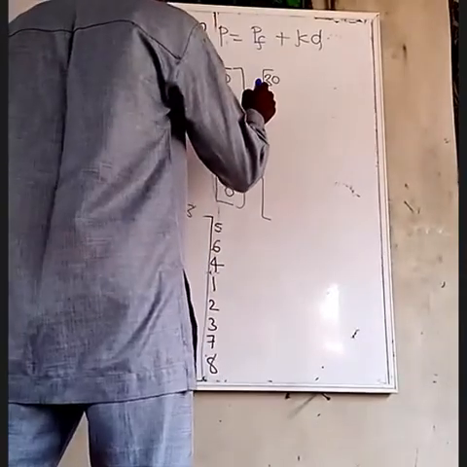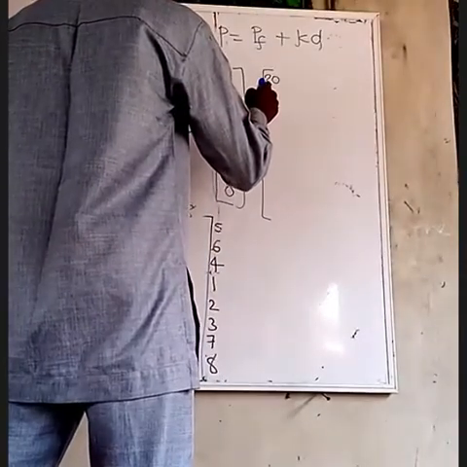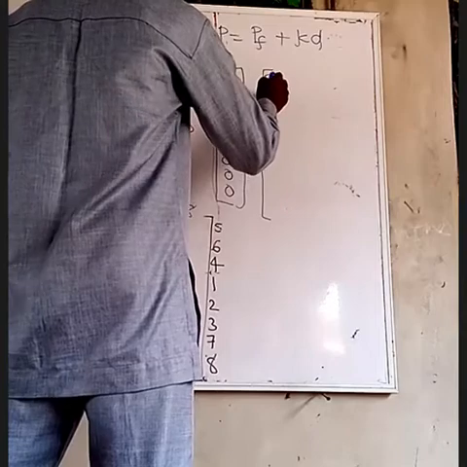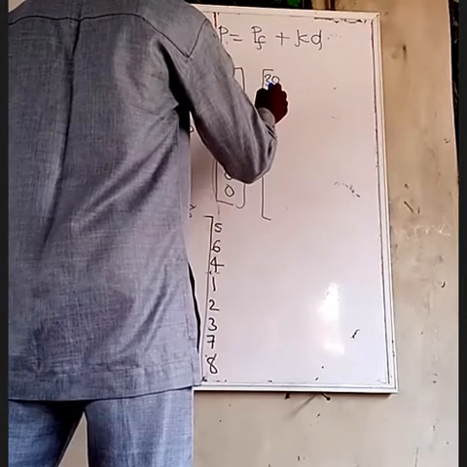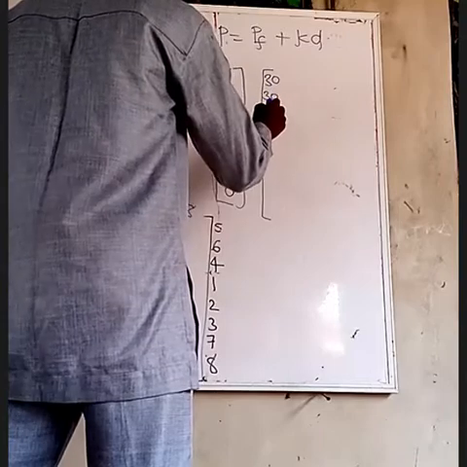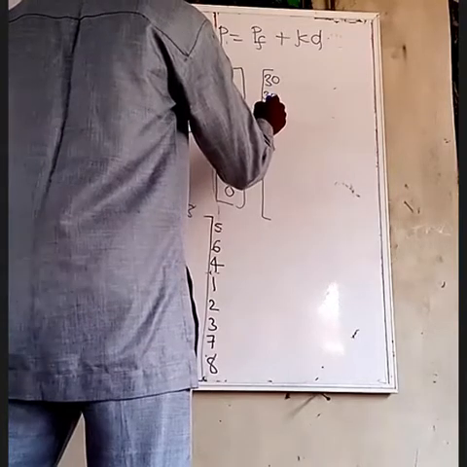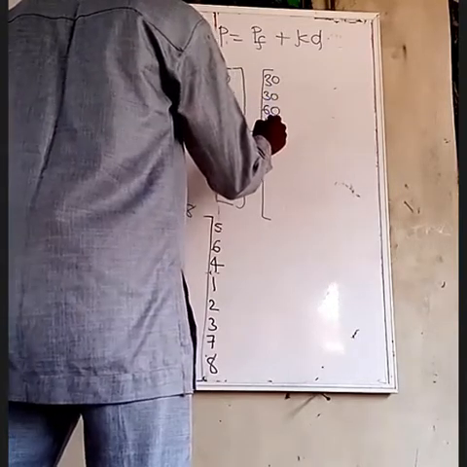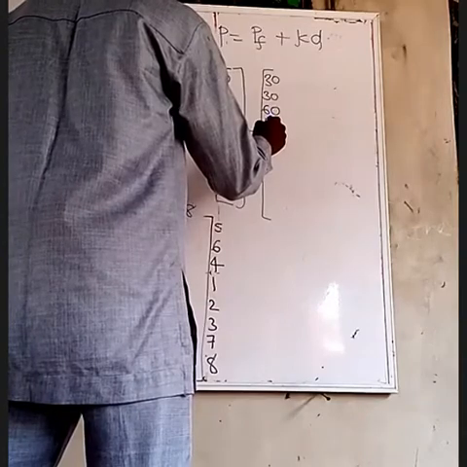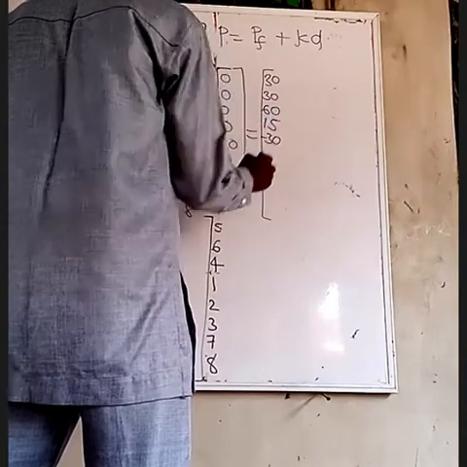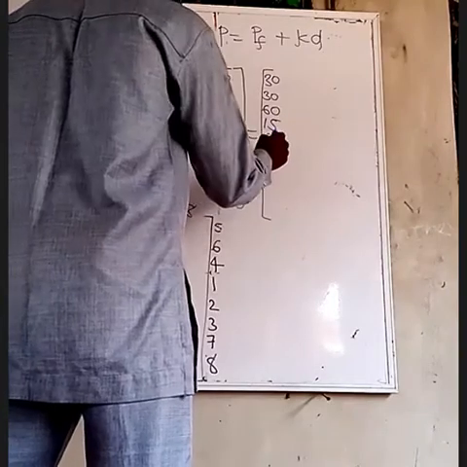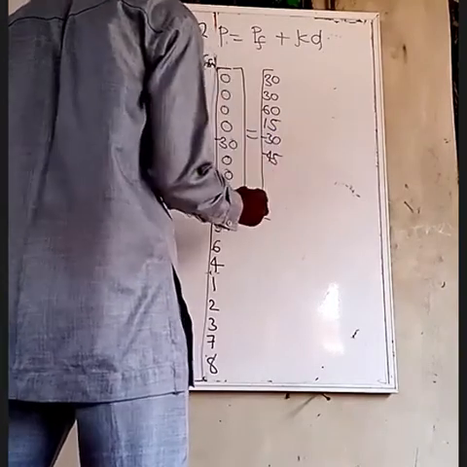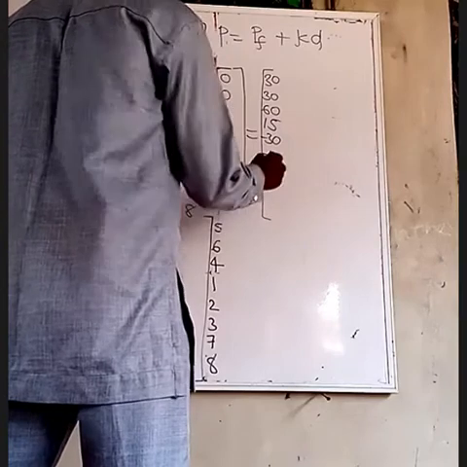What did you ask? 30. 30 again. Yes, 60. 15. Minus 30. Minus 45. 0, 0.